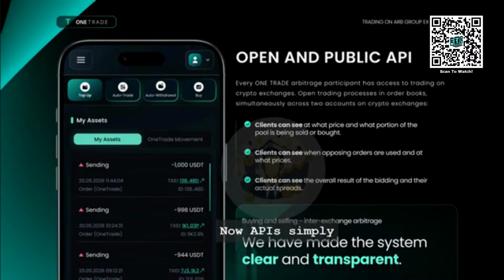Now, APIs simply allow exchanges and trading systems to communicate automatically. Instead of humans manually clicking buy and sell buttons every second, software handles the process much faster. And in arbitrage, speed matters. A profitable spread can disappear in seconds, so automation becomes a major advantage.